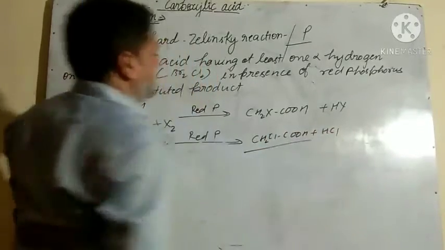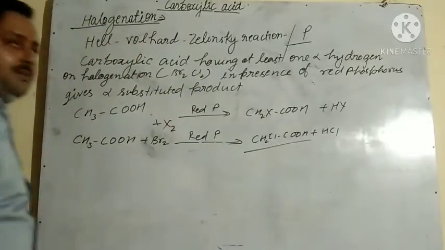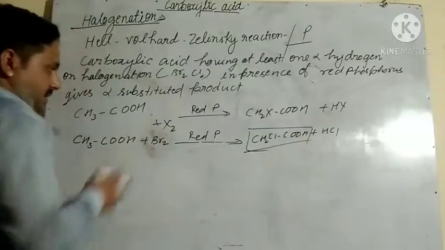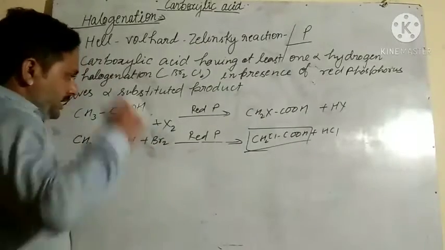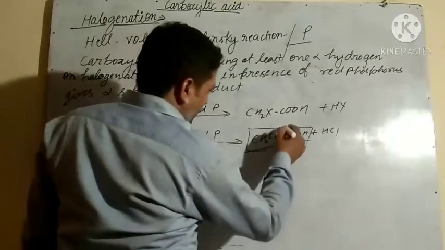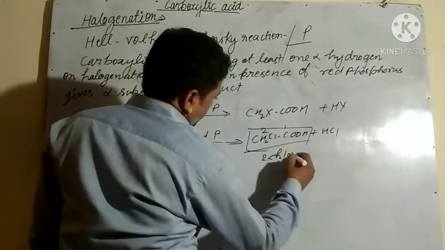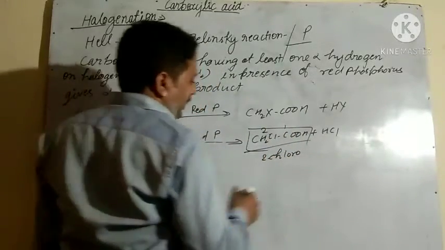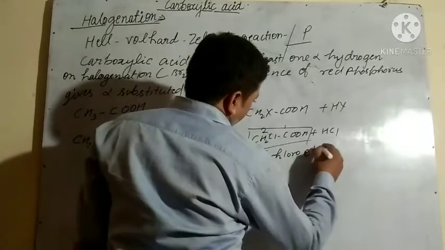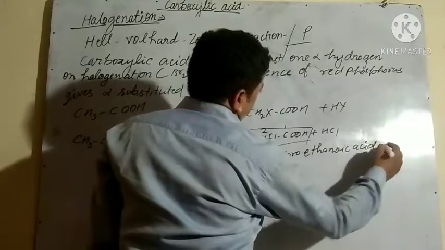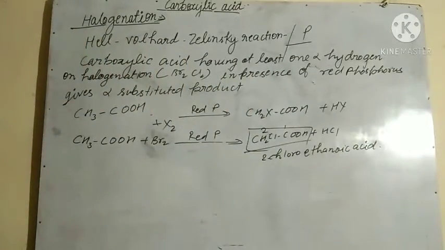And what will be the IUPAC name of this? Please write the IUPAC name of this. Can you write it? So what is the name? Let me write: 2-chloroethanoic acid.